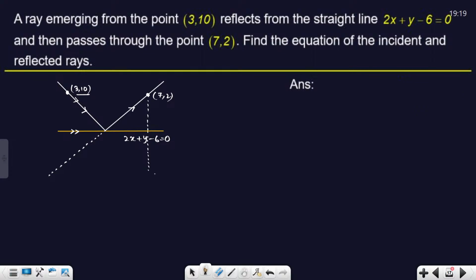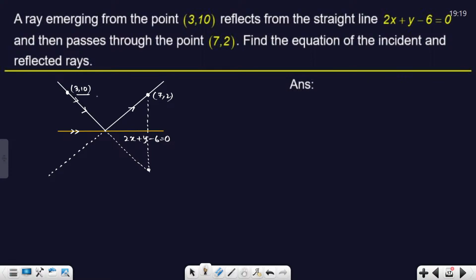That image of 7, 2 is going to fall on the extension of the incident ray. Correct? So the moment you get these 2 points, I can easily find the corresponding equations.